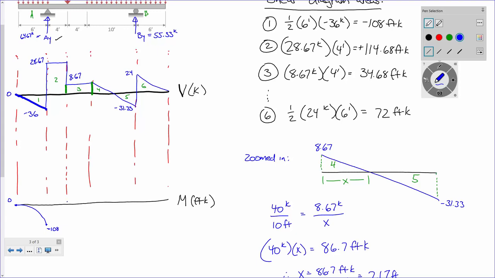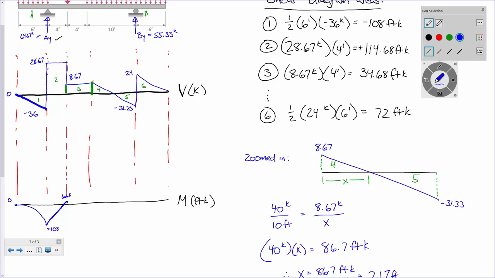Okay, yeah, so that's going to be like right there. 6.68. Okay? Now, what does the shear diagram look like in that region? It's constant, right? Constant shear diagram, constant slope. So that's my straight line. Okay?